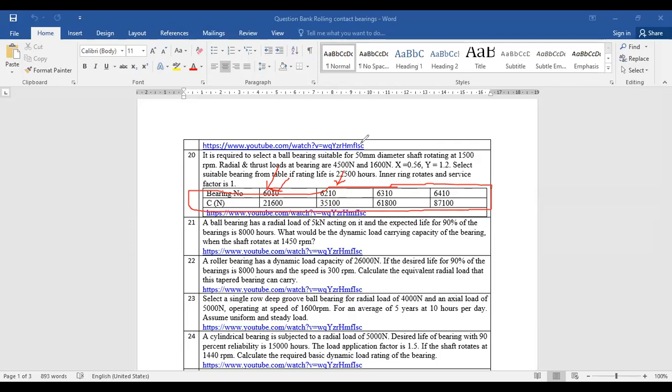So guys, even if this question is not asked, if numericals are asked and you have to select a bearing from a manufacturer's catalog, then also you should remember the designation, right? So this question is very important for us.